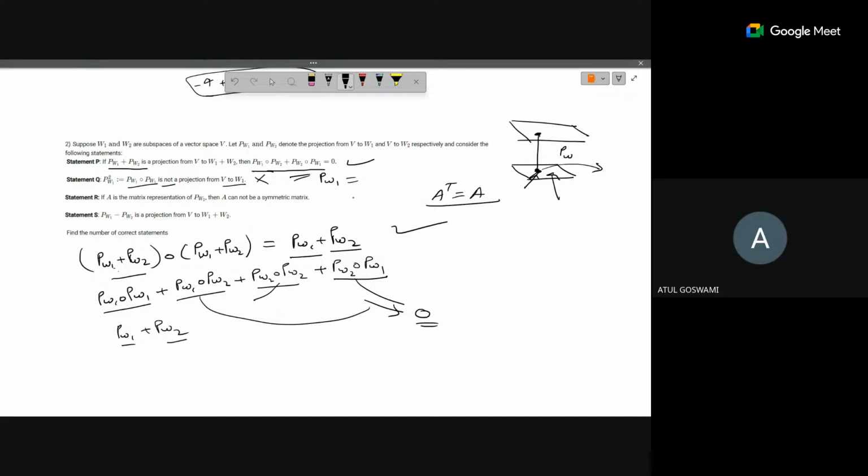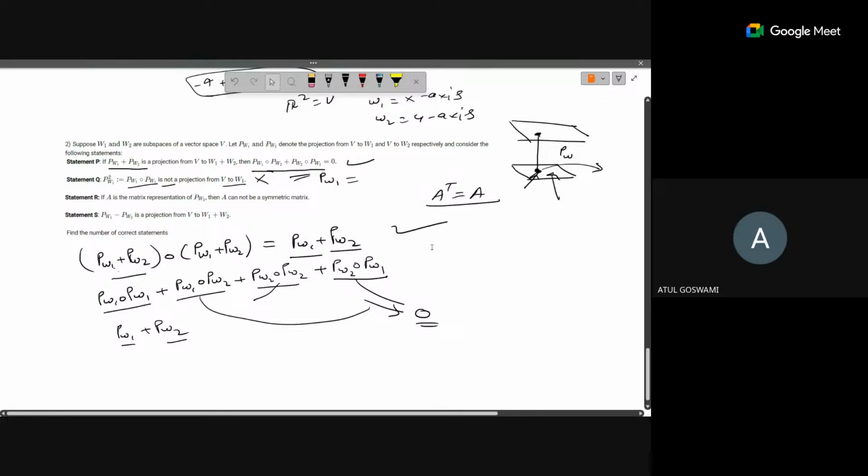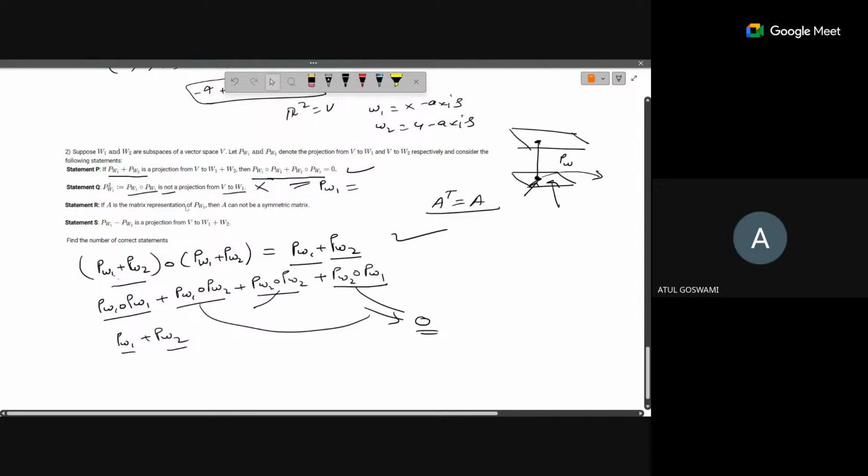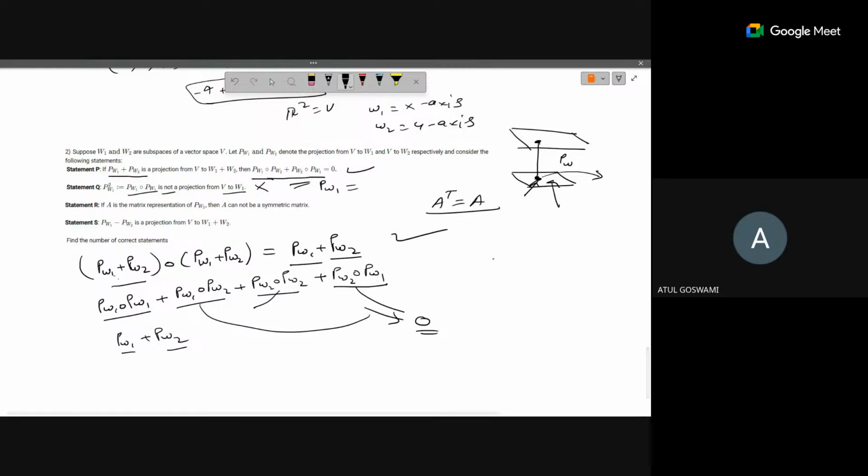So suppose this is R2, this is V, and W1 is just the x-axis, and W2 is the y-axis. In that case, we can take this example. If we project all the vectors of R2 on the y-axis, then we'll get vectors of the form (0, 1) times some alpha.